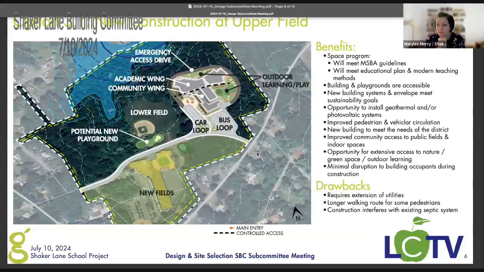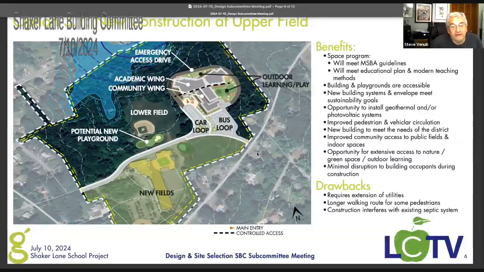But isn't the decision about how much MSBA will cover part of which design we pick? I mean, if everybody loves 3.1, but you have to put in millions of dollars more than what 3.2 would be, for example, it kind of leads things more to a 3.2 than 3.1.